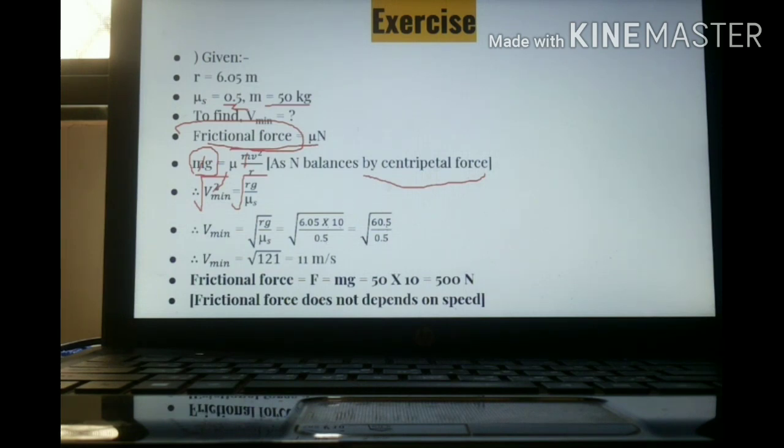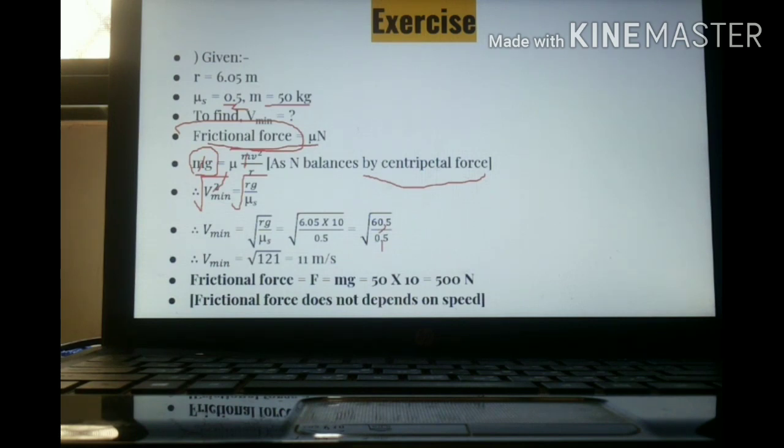So what will we get? 60.5 upon 0.5. If you try to solve it, see that over here there is one decimal place and over here also one decimal place, so we can cancel it directly.